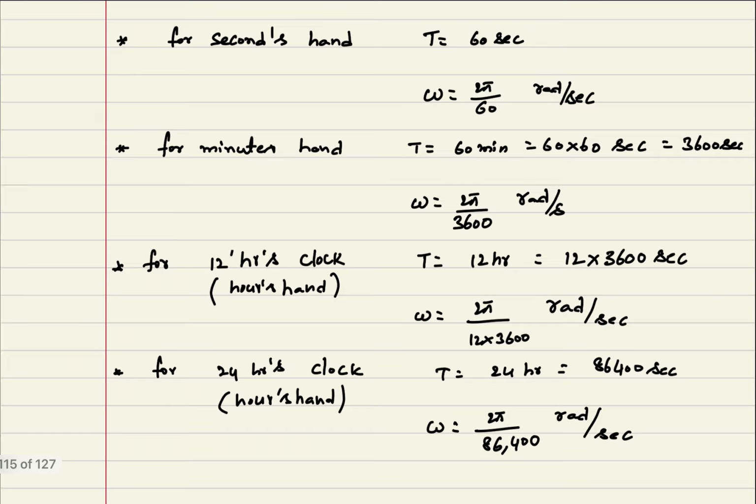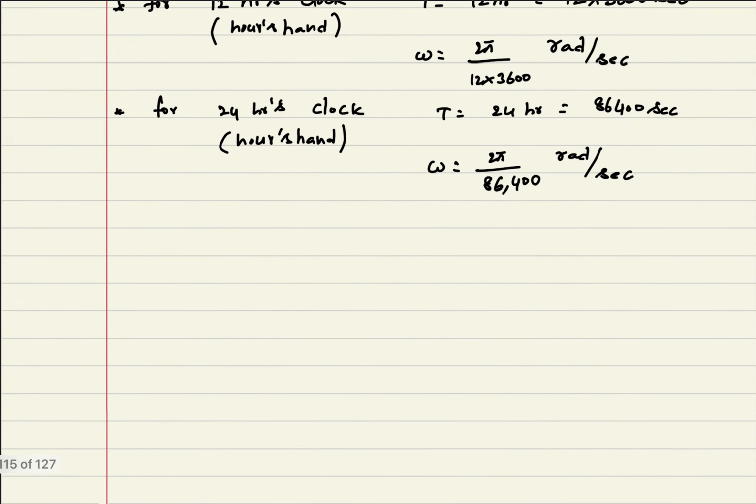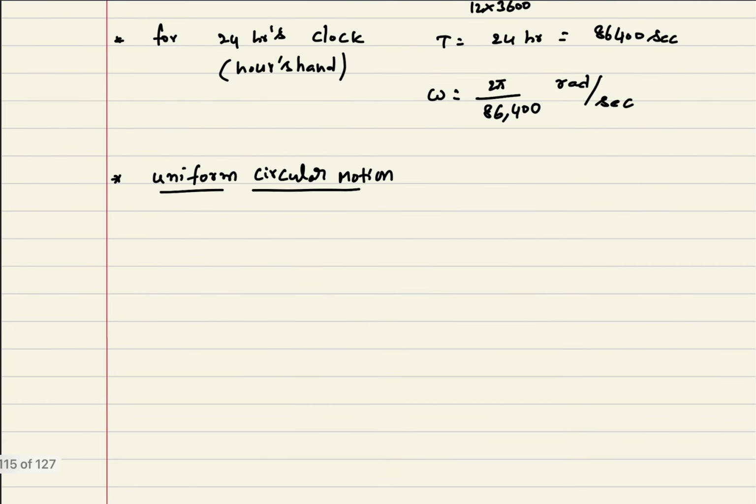Now if any particle is moving in a uniform circular motion, I am writing uniform circular motion. Uniform circular motion is nothing but a particle moving in a circular path with a constant speed.